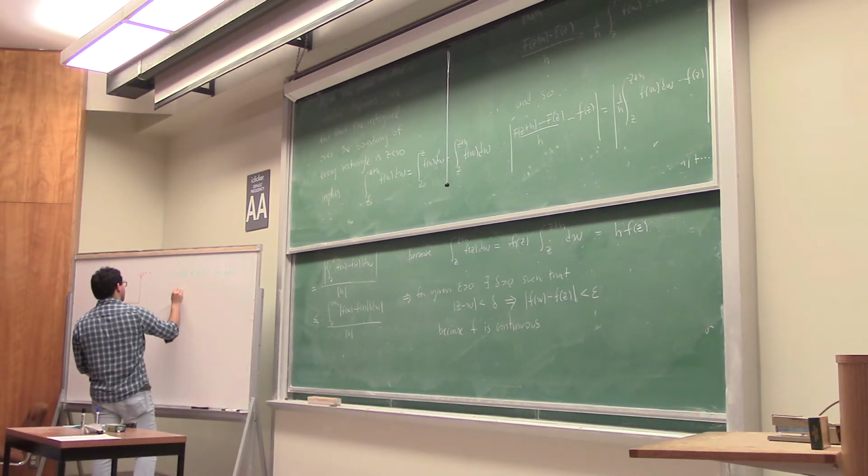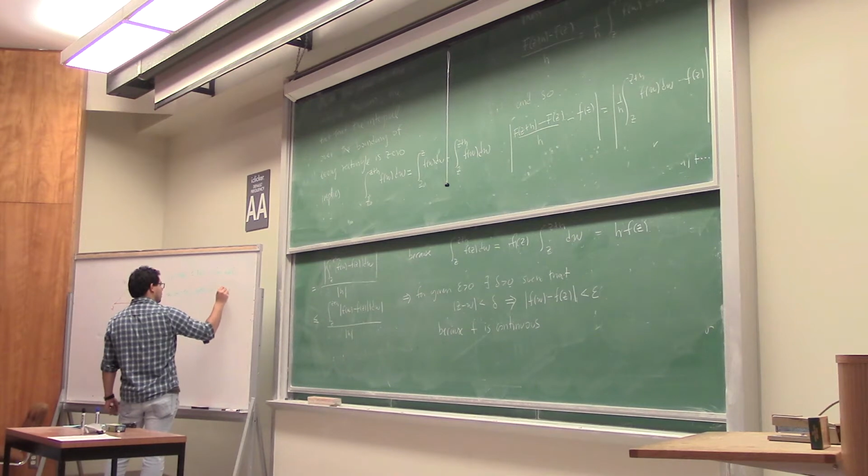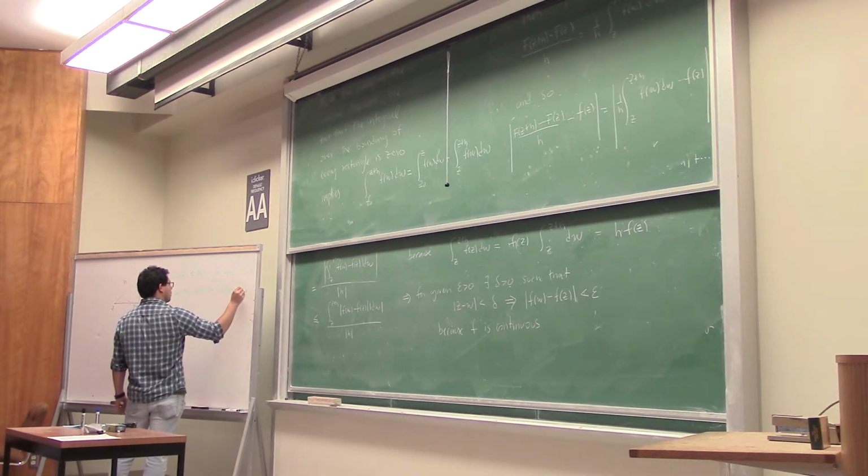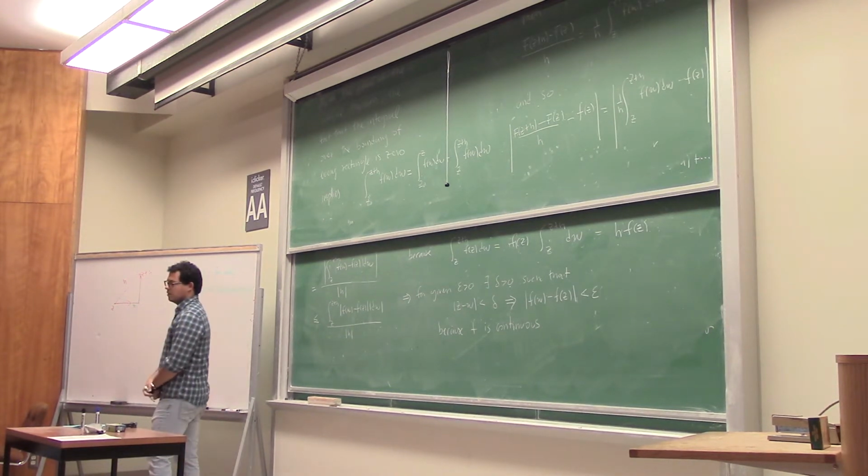w on the path of integration. Oh, but I'm taking the limit as h goes to 0, so I can make the modulus as small as I want.